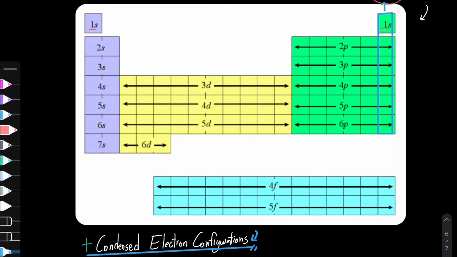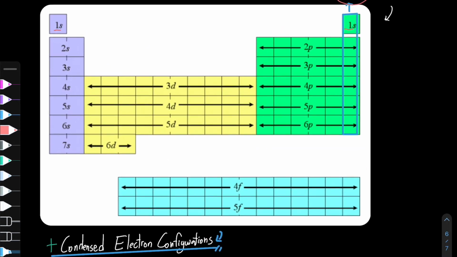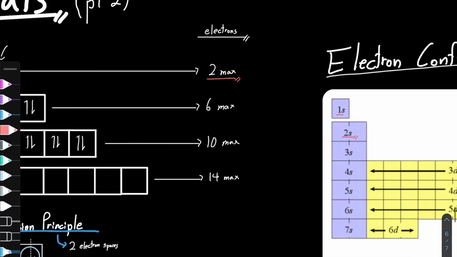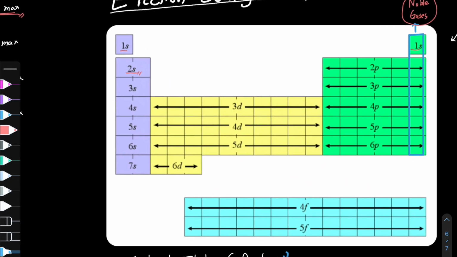Now, moving down to the second layer, we have 2s. This 2 doesn't mean that it has double the space, it just indicates that it's the second s orbital. Once again, it has 2 spaces, 1 and 2.